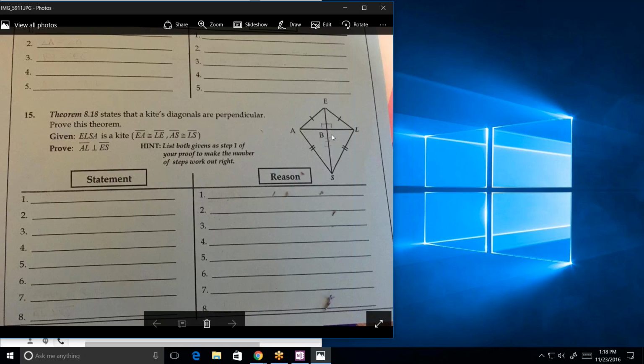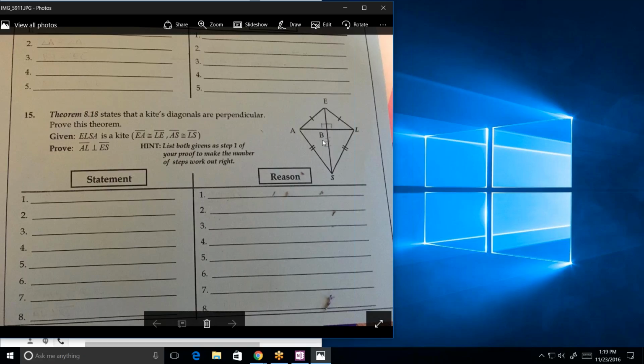They're a linear pair. That's different than the reason you gave. We've already proven that ABS is equal to LBS. Now we have to prove that they're each 90 degrees. If I know that ABS is equal to LBS and that ABS and LBS add to 180 degrees because they are a linear pair, that's the reason.